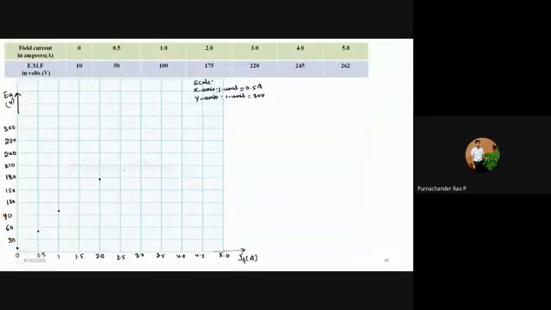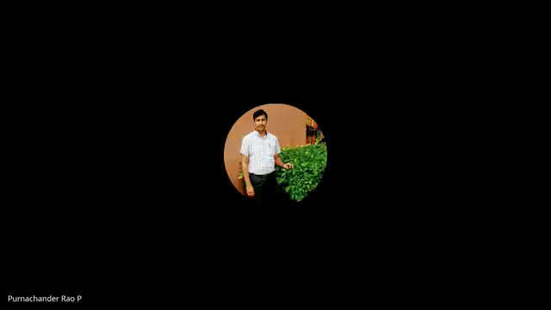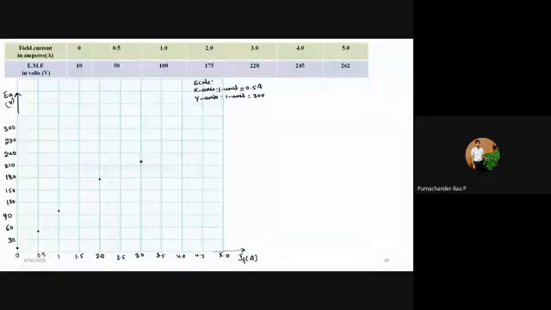Next, for 3 amperes the voltage is going to be 220 volts. So this is 3 amperes here, 210 volts at this point. Here for 4 amps, it is going to be 245, so it is going to be here. And for 5 amps, it is going to be 262.